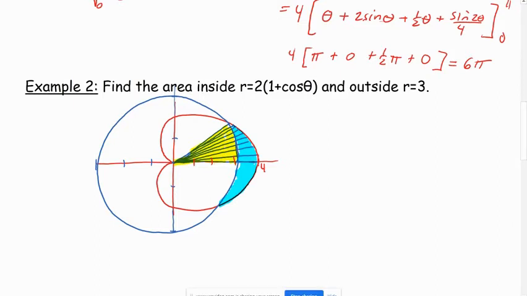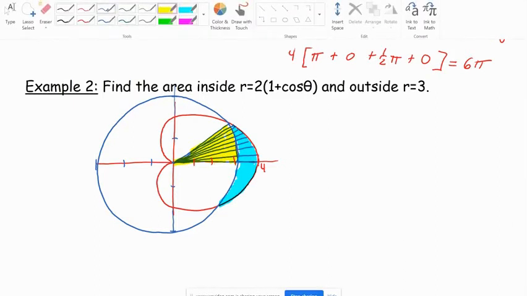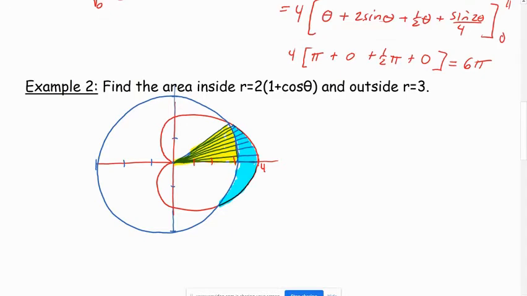So it's going to look like this. And we're just going to work with half of it again and then double.